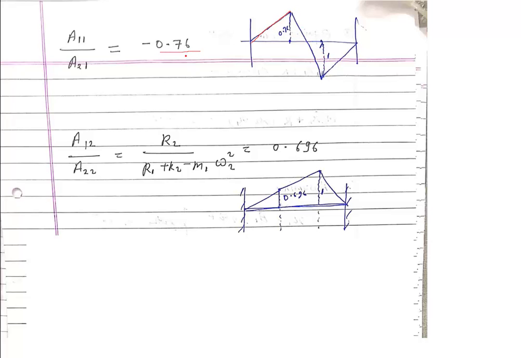If one is upward, the other should be downward, because this is a negative ratio. And a12 divided by a22 is 0.696, which is positive, divided by 1. So the first mass will be at 0.696, and the second mass will be at 1.